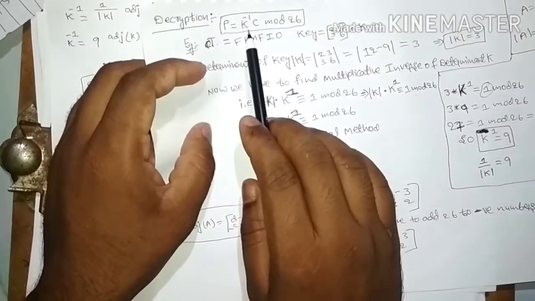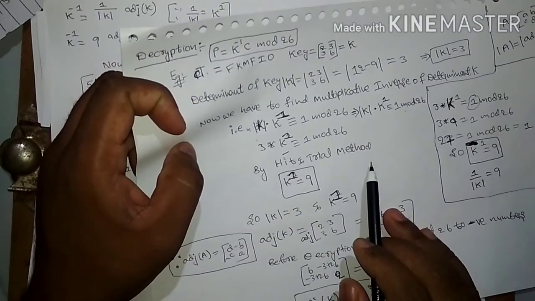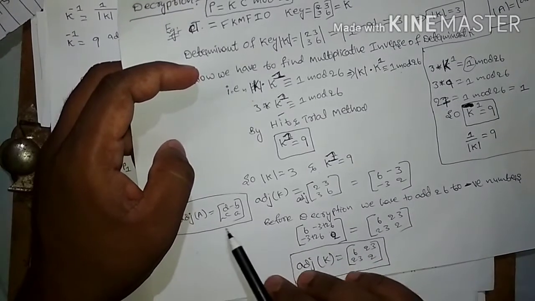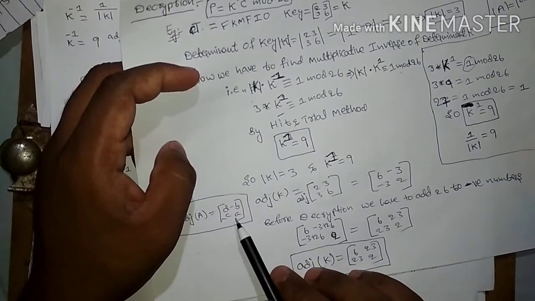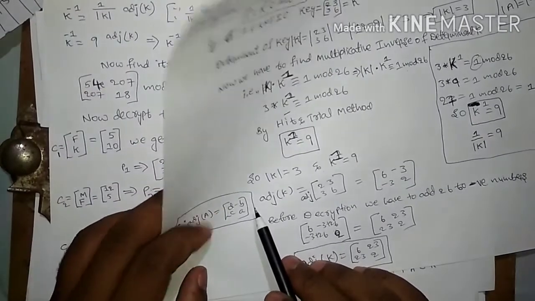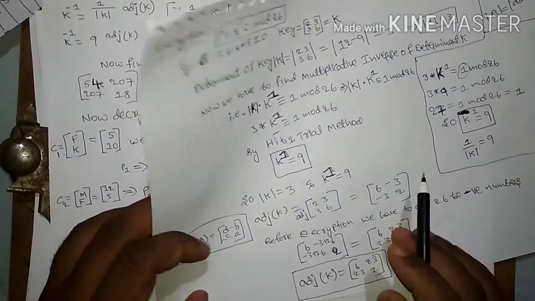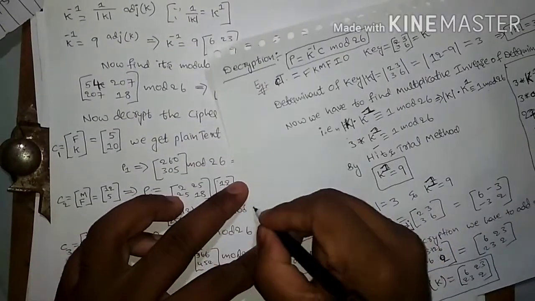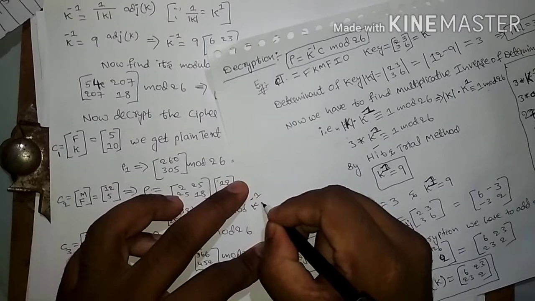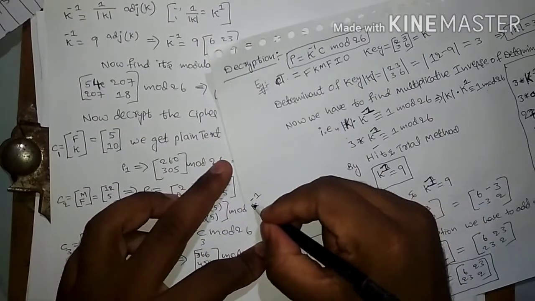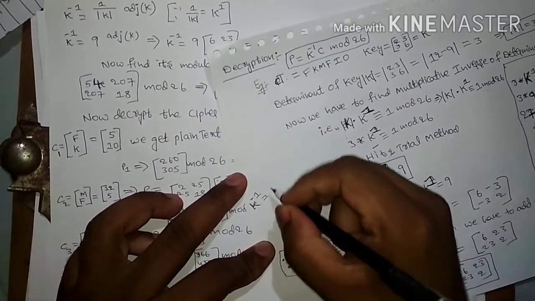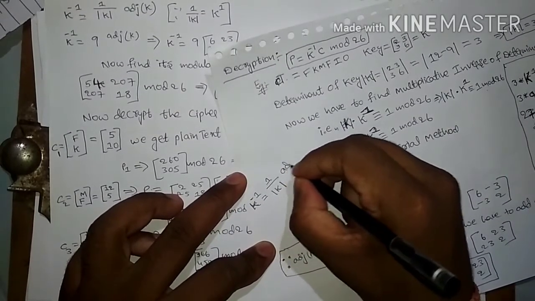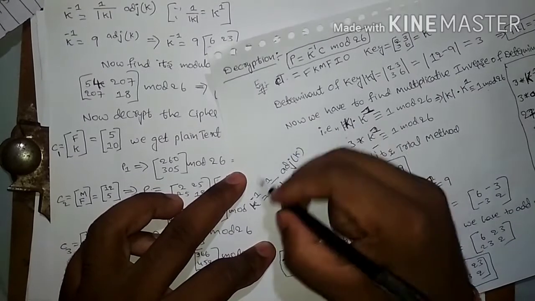But for finding the multiplicative inverse, we also have to get the adjoint matrix of A. The formula for k inverse is k inverse equals 1 by det k into adjoint of k.